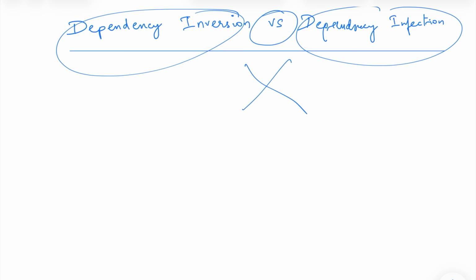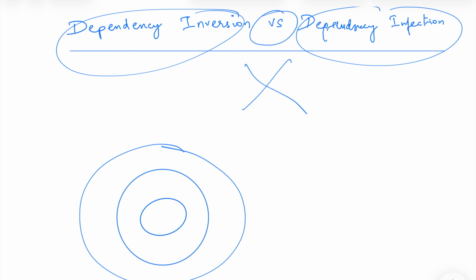Let me explain. Take any software development, ideally. You're going to have multiple layers or modules. To be honest, layers in your code base, right? So let's say you have layer one, layer two, and layer three.